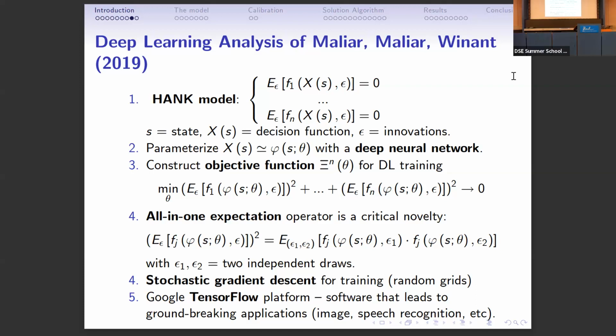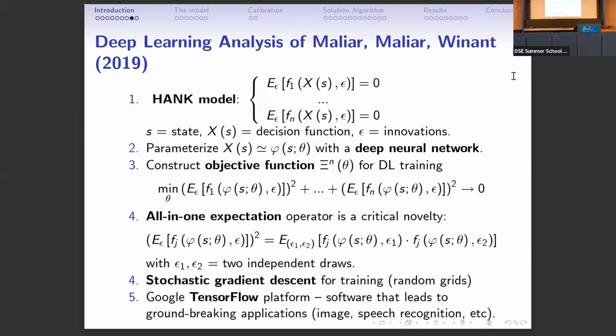And then, as I mentioned, I think it's important, if you want to insist on continuous shocks and multiple sources of uncertainty, to look for ways to integrate. In particular, this objective function contains an expectation to the power of 2.